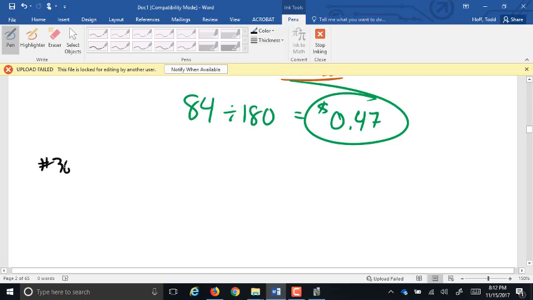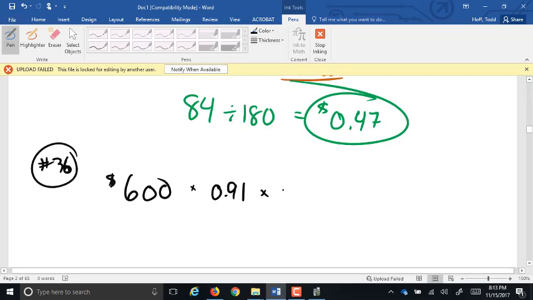Let's do number 36 quick. You start out with a $600 price, right? 9% markdown. 100 minus 9 is 91, so that's 0.91. 13% markdown. 100 minus 13 is 87, so 0.87. Here's the tricky part, 8% markup.